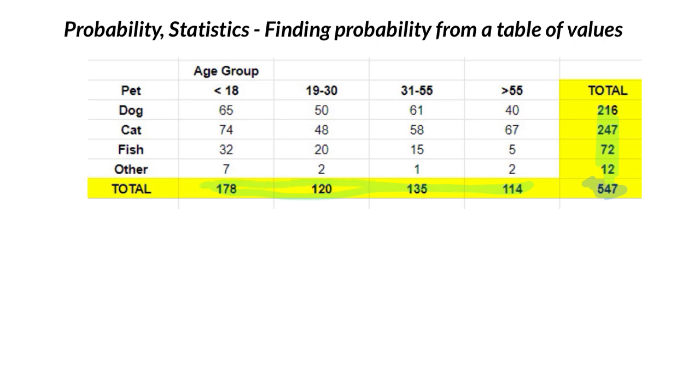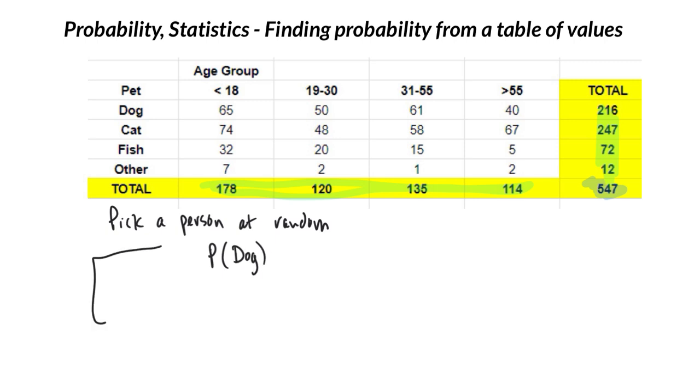So let's say we were told that we were just going to pick a person at random, and we were asked, what's the probability that that person owned a dog? Well, the thing to remember about probability is that it's always the total on the denominator, and then the number that we're looking for, I always say of interest, on the top.